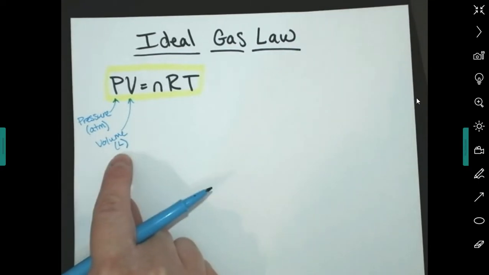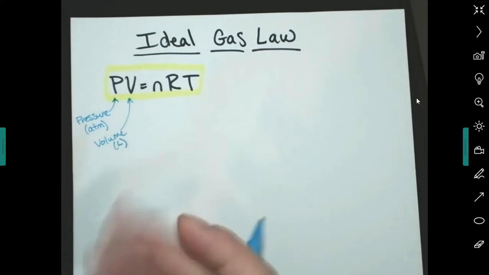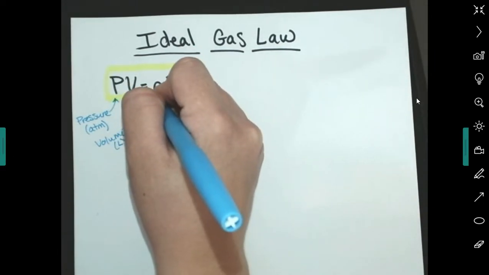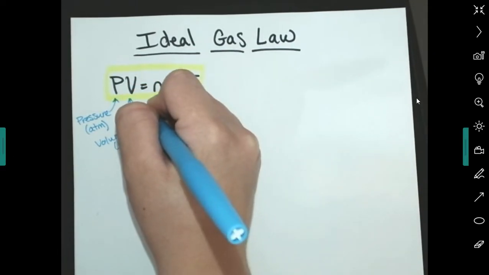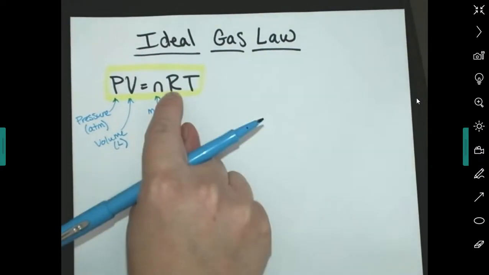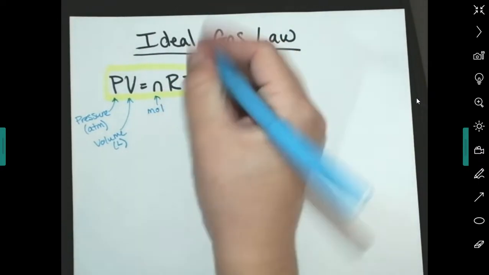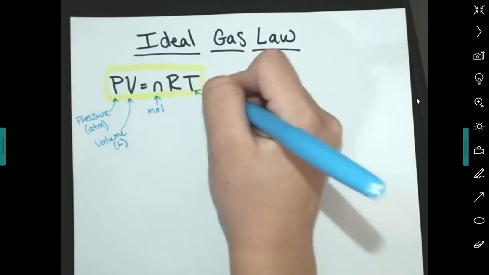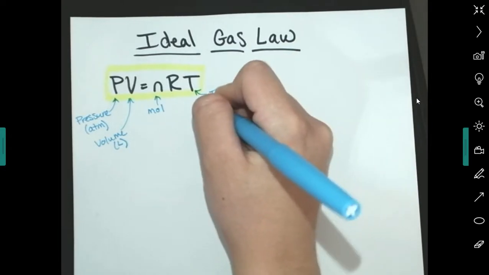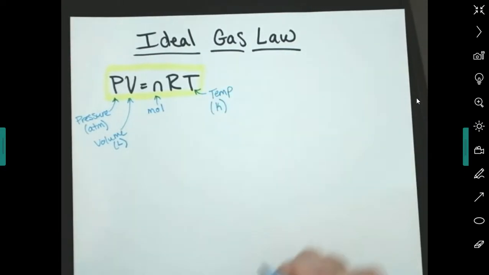In the other equations we've already gone over, if it's in milliliters, as long as it's the same on both sides, it doesn't matter, but in this equation, it needs to be in liters, okay? N, if you remember, stands for number of moles, so that's just moles. R, let me skip over it for a second, I'll come back to it. T is temperature, right? And whenever we're dealing with gases, our temperature always needs to be in Kelvin, right?